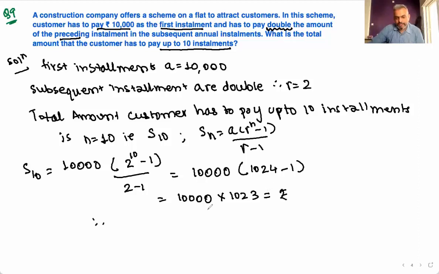It is 10,000 into 1023, which comes to 1 crore 2 lakh 30,000.